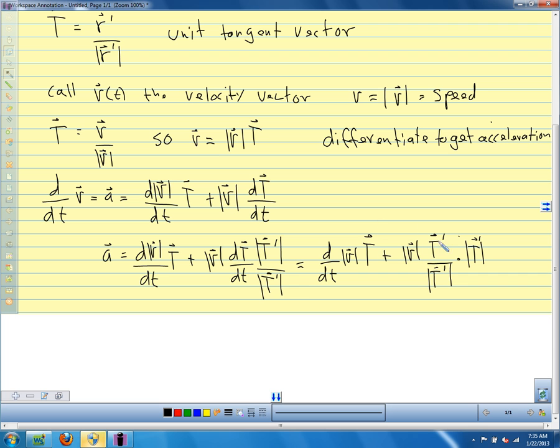Well, what's T prime over the length of T prime? That's our principal normal vector. So now I can say that my acceleration is the derivative of the speed with respect to time times our unit tangent vector plus the speed times the magnitude of T prime times our principal unit normal vector.